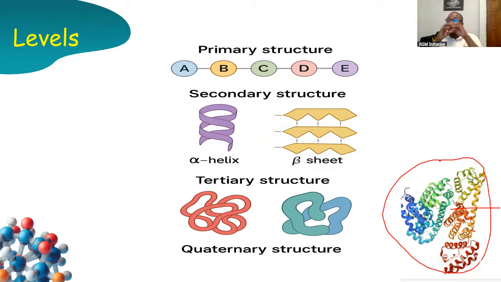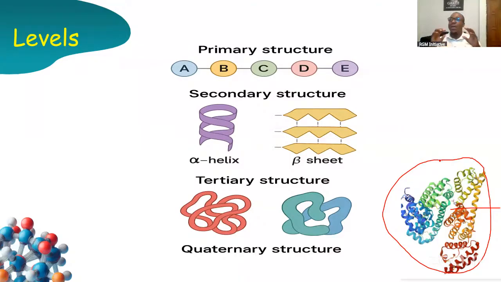You can see two or more, like hemoglobin, which has two alpha subunits and two beta subunits, a total of 4 subunits that make up the hemoglobin. So hemoglobin is a tetramer.